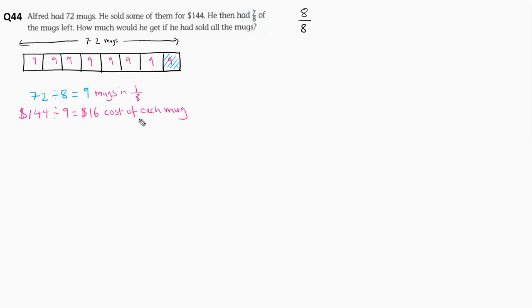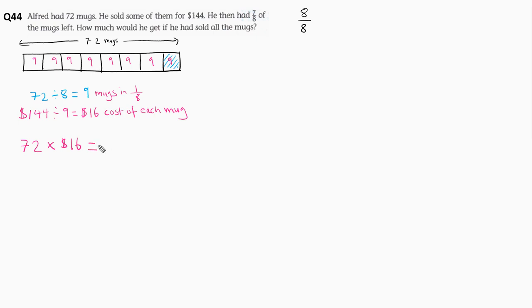It then says that, because what do we want to find out? How much would he get if he'd sold all of his mugs? Well, this is the cost of each mug. There are 72 mugs. Then we need to do 72 times the $16.